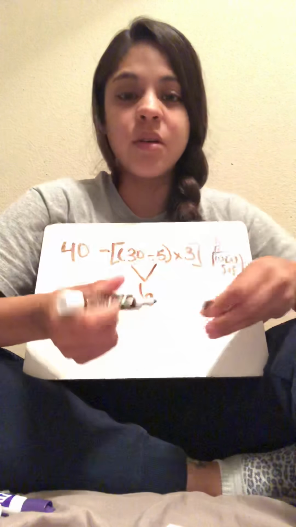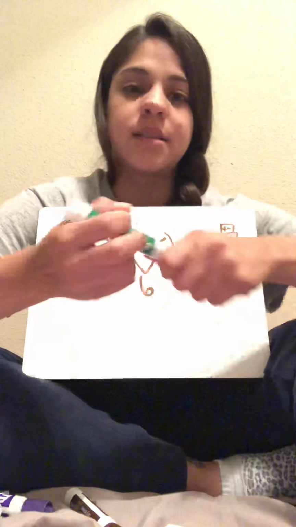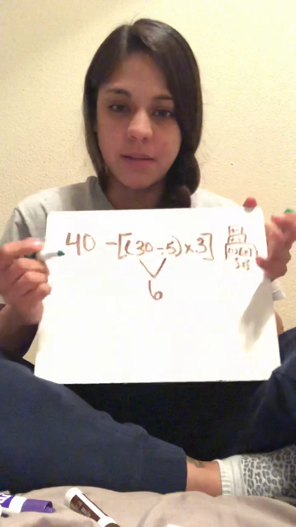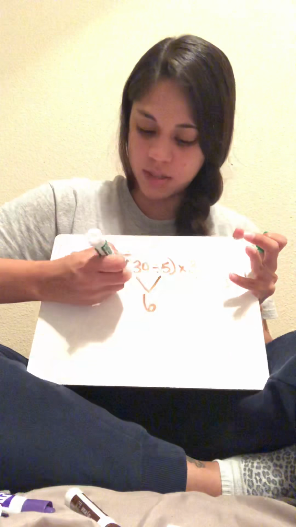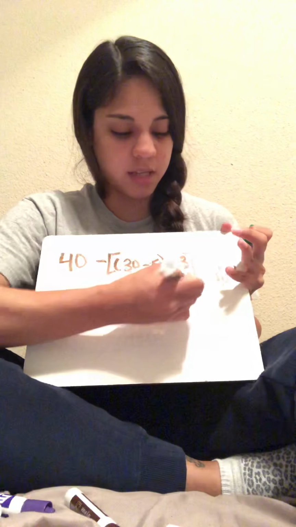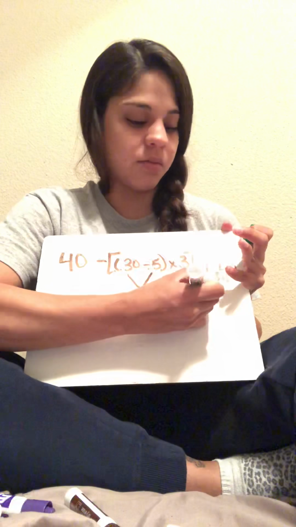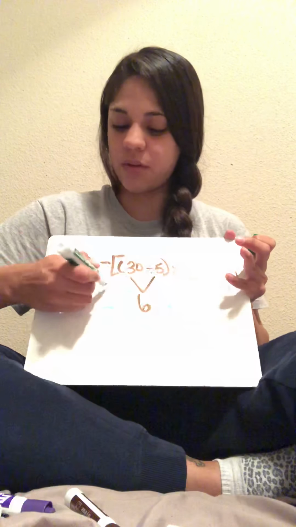What's the next step? Rewrite it. I do not want to see that you did it all in one line, because if you did, I get really upset. Alright, so you rewrite it. Everything that you didn't use, you put it down. I didn't use that multiplication, that 3. And then, of course, my 40.